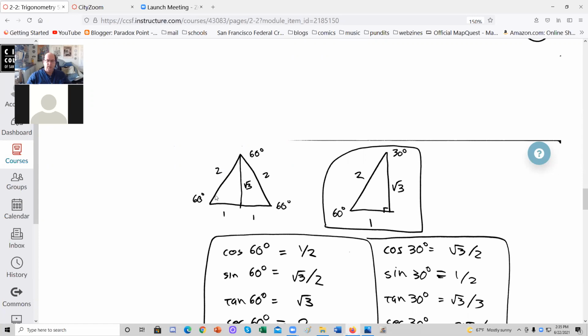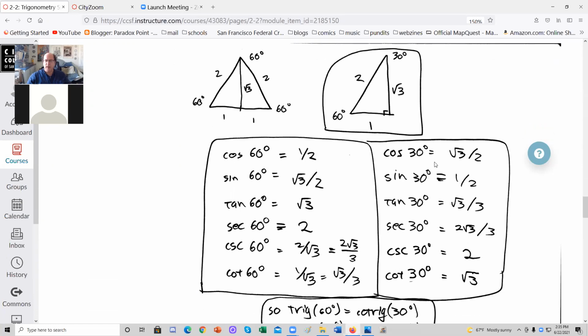And okay, we look at this single triangle here, this half of the triangle, with a half angle of 30 degrees here, 60 degrees here, 90 degrees here, short side 1, middle side root 3, diagonal 2. And then, reading it off, cosine of 60 is adjacent over hypotenuse, 1 over 2. Sine of 60 is root 3 over 2.